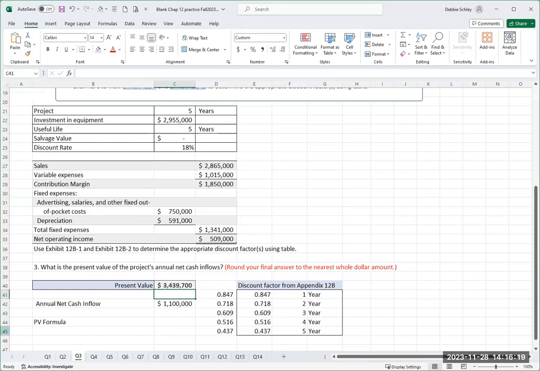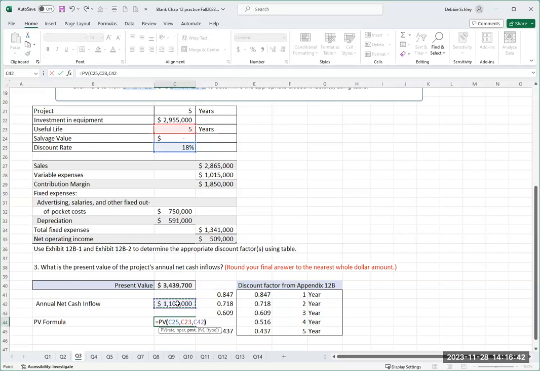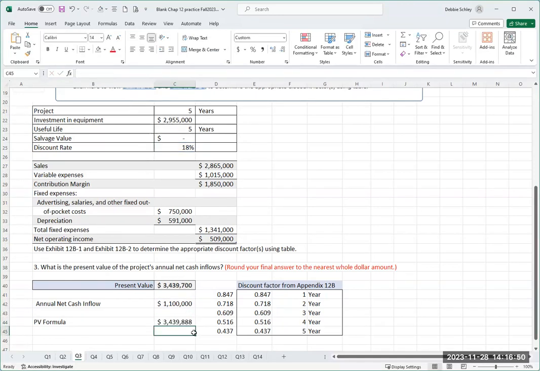I'm just going to show you something. So if I had done the PV formula, where it equals negative PV, the rate, the years, and the payment, it comes up with just a slightly different number, and that's because it's using all of the decimal places.